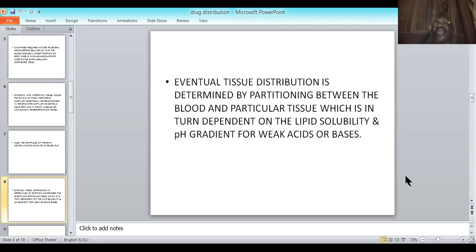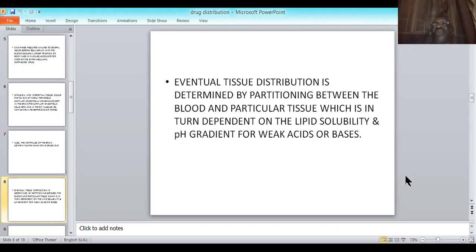But when you compare this to the case of a woman that is pregnant, because the difference in pH between the placental blood and the systemic blood is greater, you have more ion trapping.